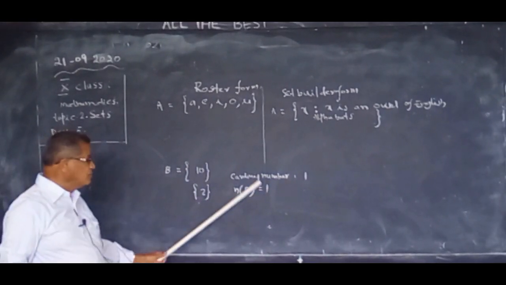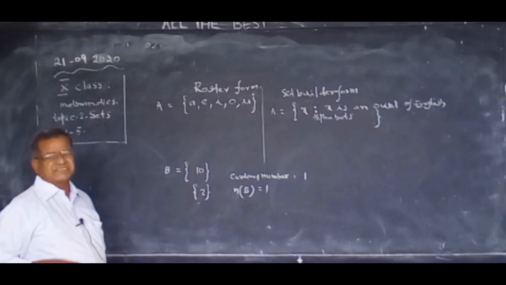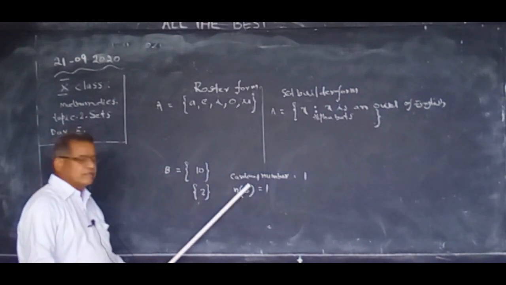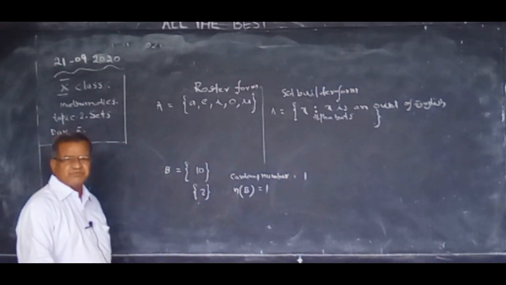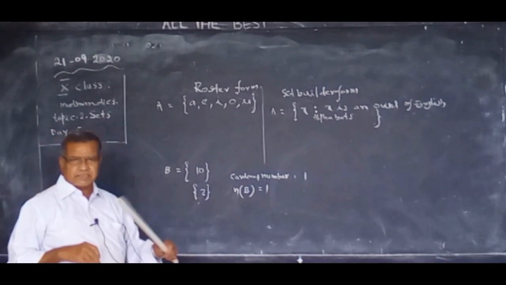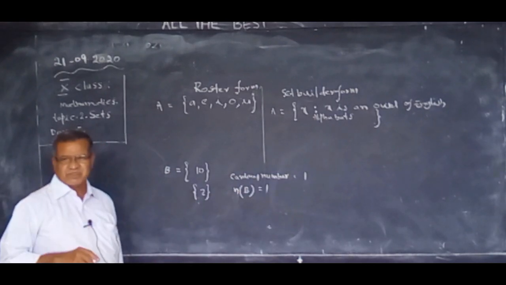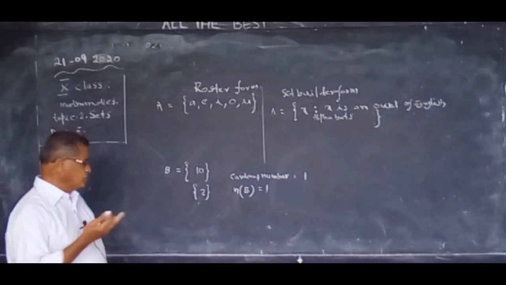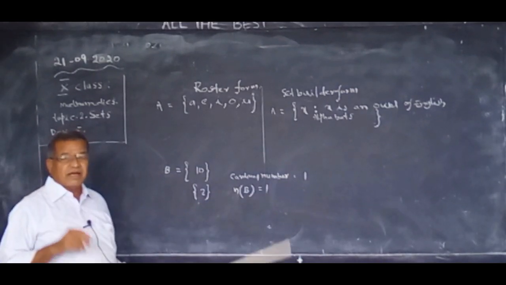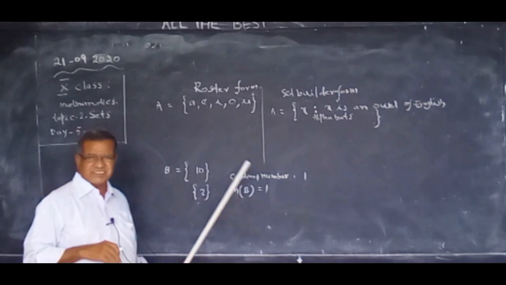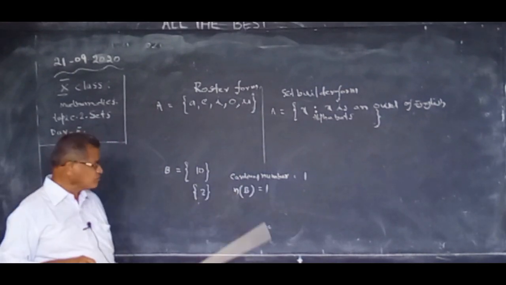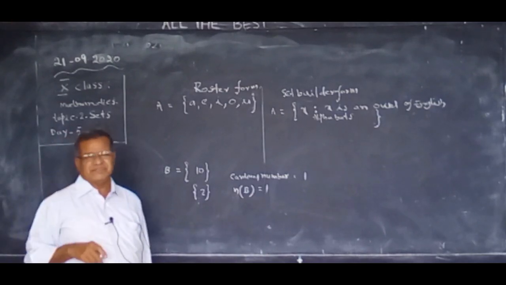Cardinal number means the number of elements in a set. For example, I have already explained, the Pandavas are 5, so the cardinal number is 5. Planets are 9, cardinal number 9.